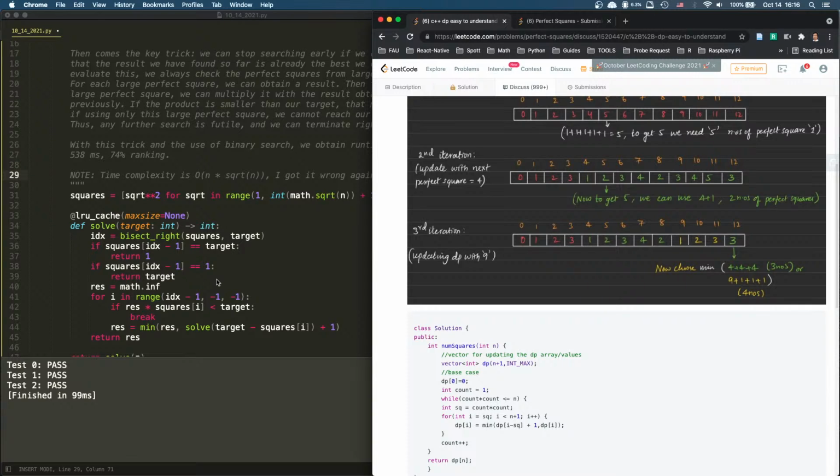I think that's the case. This can be even further simplified, right? We take the maximum that we can take, and then we find the remainder.